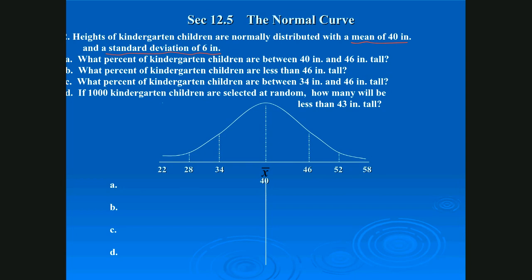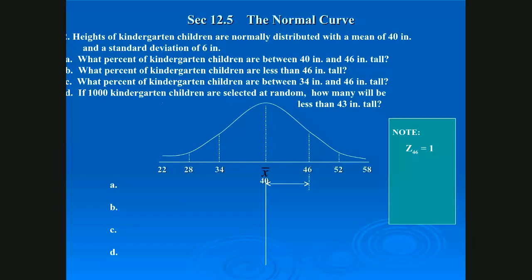Now in example A, we're asked to find what percent of kindergarten children are between 40 inches and 46 inches tall. Well, 46 inches is one standard deviation above the mean, so the z-score for 46 is 1.